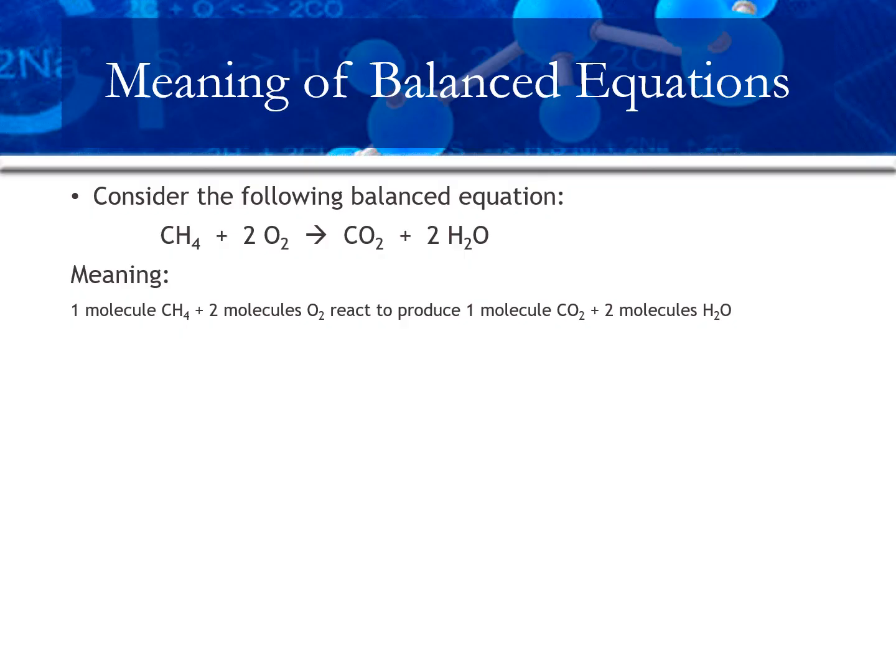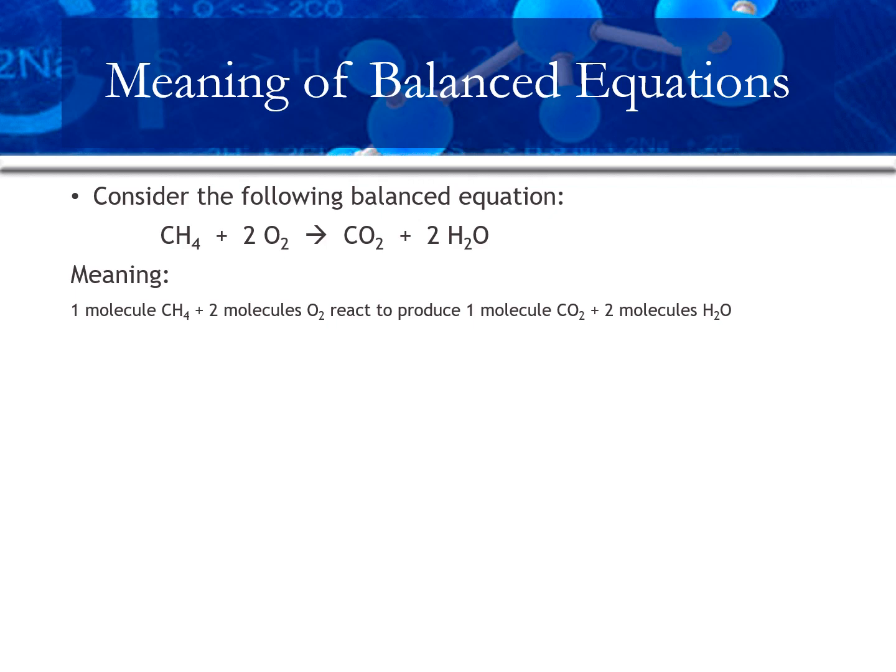So let's start by reviewing the meaning of a balanced chemical equation. A chemical equation is shown here, with the stoichiometric coefficients. What those mean is that one molecule of methane reacts with two molecules of oxygen to produce one molecule of CO2 and two molecules of water.